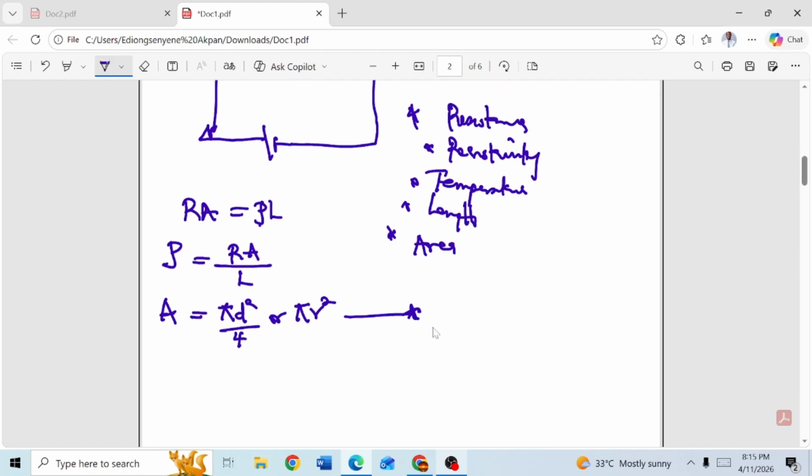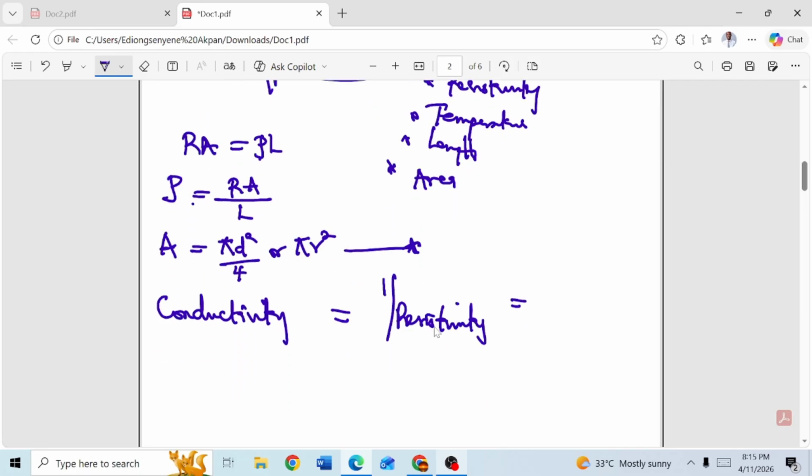This is the part I want to draw your attention to: the difference between resistivity and conductivity. I believe you have heard of conductivity. It's not a common question, but this is what is being asked now. What is conductivity? Conductivity is simply the inverse of resistivity. Instead of a question asking for the resistivity, where you can use this equation, you will be asked to find the conductivity of a material.